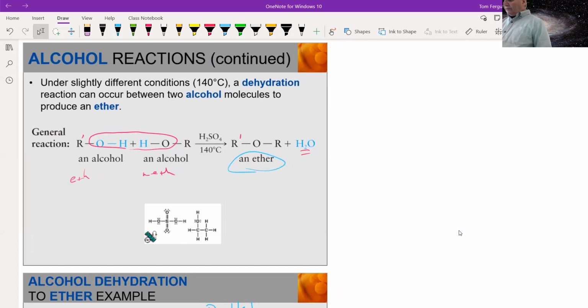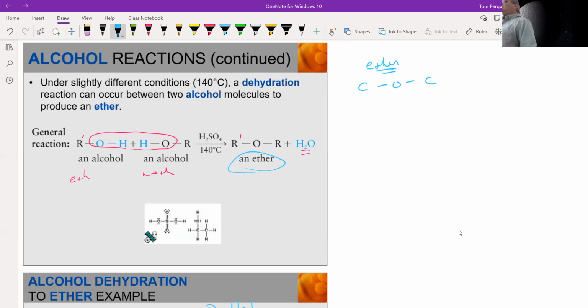So again, an ether is a COC set of bonds. It's got oxygen in it, so it's going to be a polar molecule, not as polar as an alcohol because it doesn't have hydrogen bonding. Because here we have a carbon bonding to an oxygen, not a hydrogen.